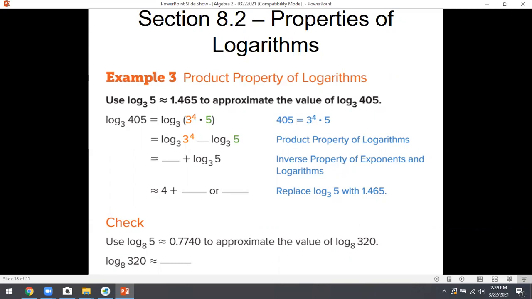They tell you that log base 3 of 5 is about equal to 1.465 right there. And they say use that information to approximate the value of log base 3 of 405.